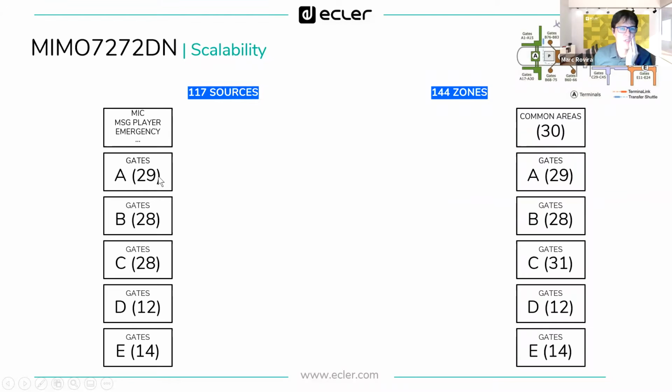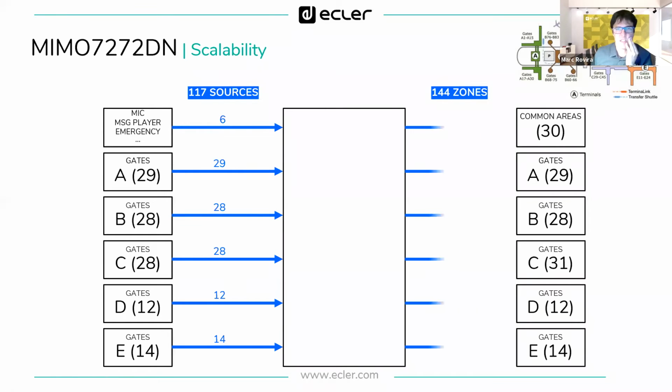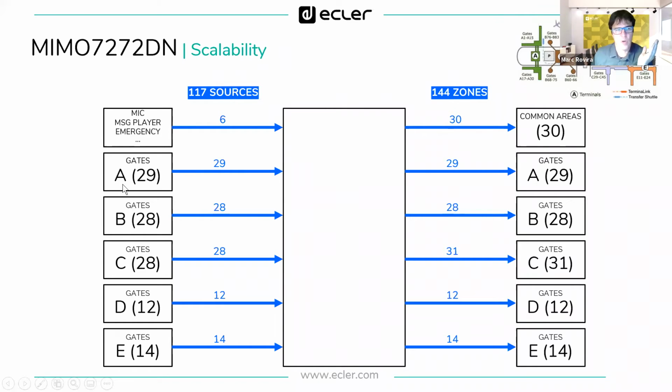But do all of these sources need to be routed to all of these zones? And the answer is no. Usually, if you are in gate A1, you don't want this message to be sent to gate E2. Messages in A1 stay in A1, and maybe there are some common sources that you want to send to all of these gates, or part of them depending on where they are.